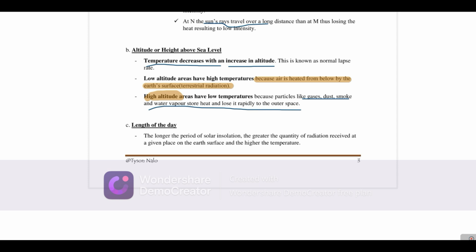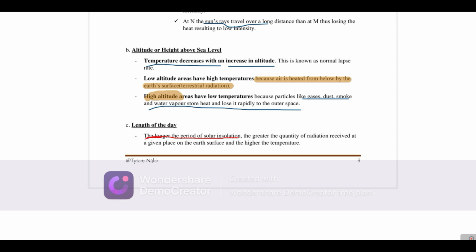So a point that you should note here is the longer the period of insolation in any given day.